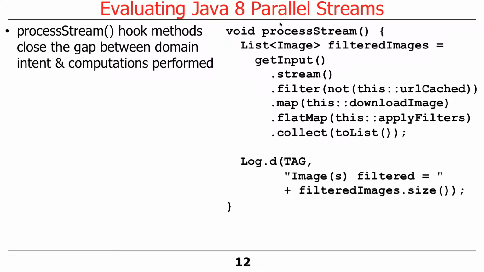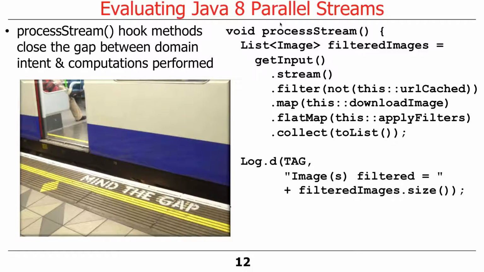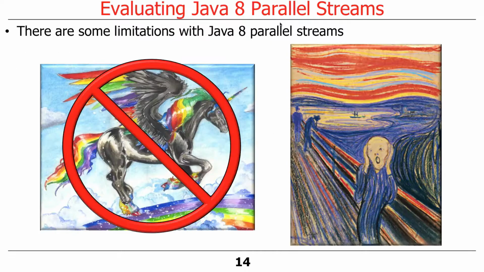These hook methods that we have here, like processStream, and then the various streams that go on, help to close the gap between the domain intent and the computations. So the framework is very common and reusable and understandable, and then you just fill in the differences in the subclasses, which is good.